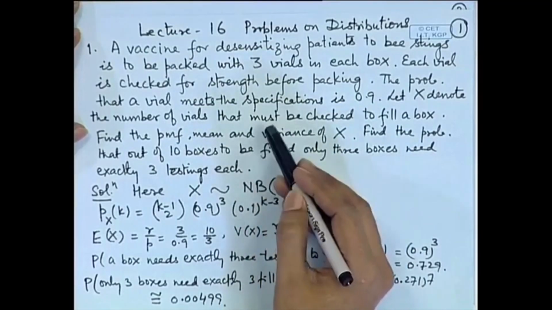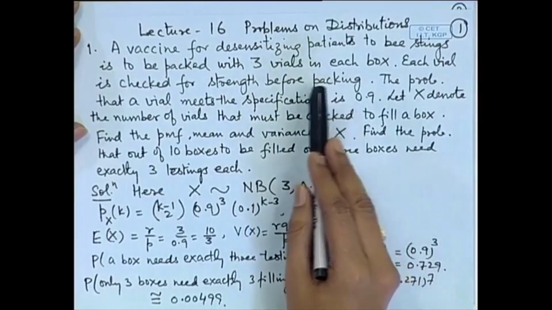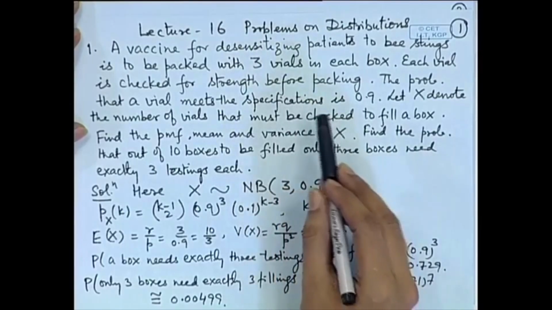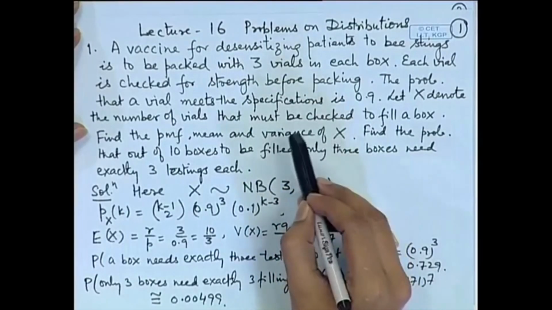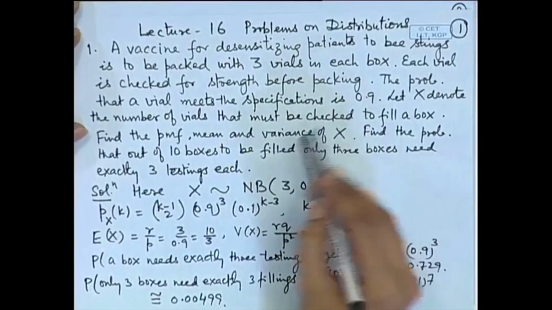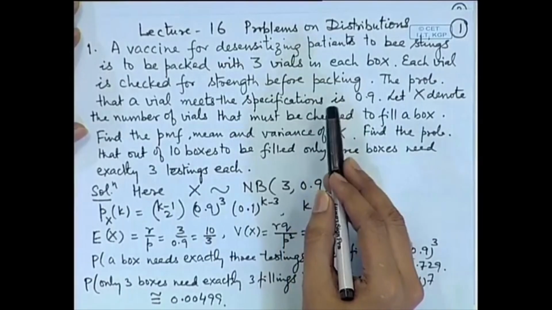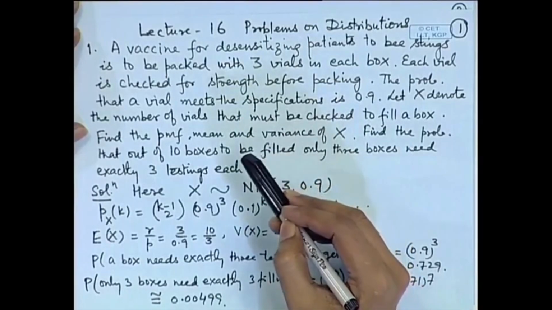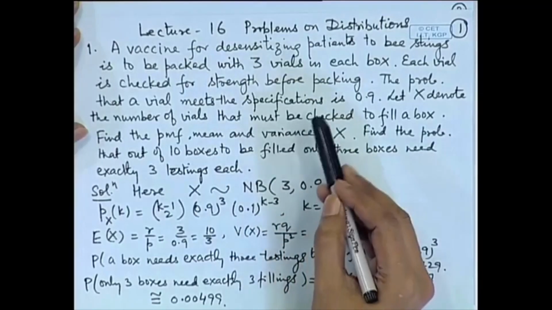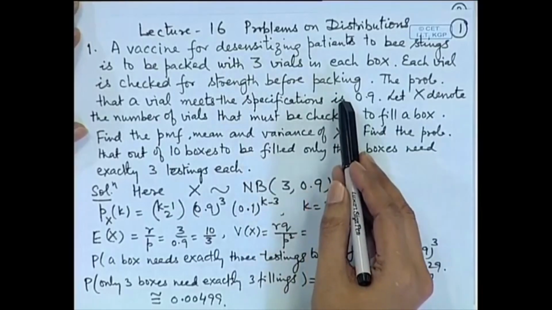Now, let us look at the setup of this problem. In each box we are packing 3 vials, but the vial has to be checked. So, it may meet the specification or it may not meet the specification. We are assuming that all the vials have identical probability of meeting the specification, and each checking is done independently.